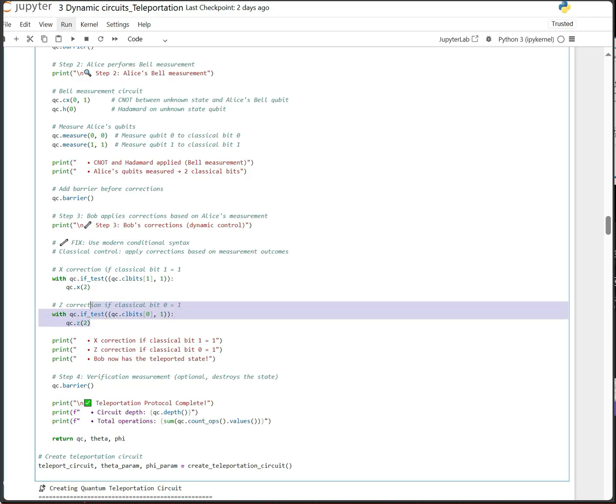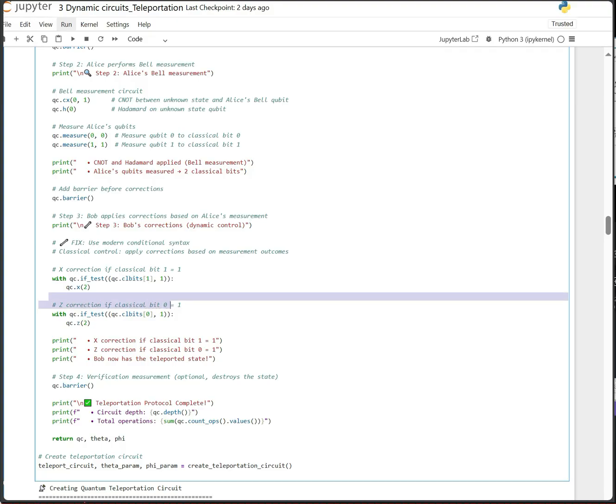And then we decide to have these 2 corrections. If the classical bit 1 is equal to 1, then you're going to activate the X gate on Bob's qubit, and if the classical bit 0 is also 1, you're going to activate Z. These both conditions can be satisfied at the same time, or maybe just one at a time can occur.